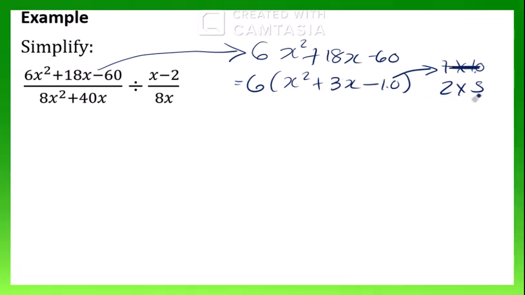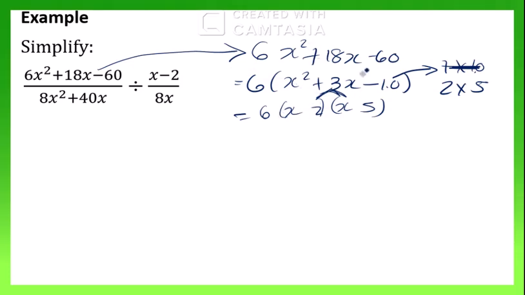2 and 5, when we add them, we don't get 3, but when we subtract them, we do. So let's see if that's going to work. We separate this into a product of 2 brackets. We know x's are going to be in front, and 5 and 2, or 2 and 5, we need to see how they are ordered.